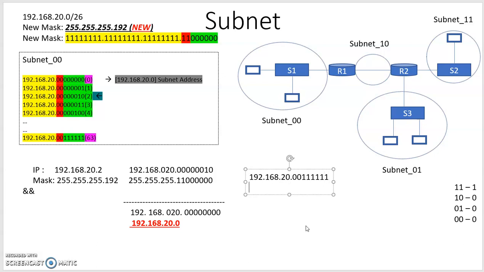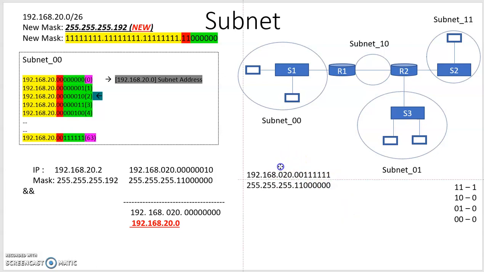And the subnet mask is the same, 255.255.255.192. Let's put 0 just to align.